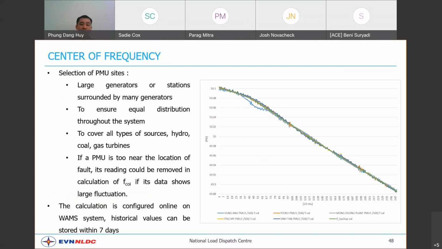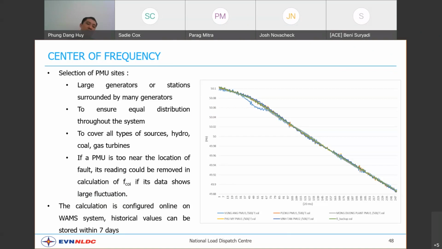For choosing the PMU locations for the center frequency, we try to find locations that have large generators, and we also try to ensure that the chosen locations have equal distribution throughout the system, covering all sources like hydro, coal, and gas turbines.